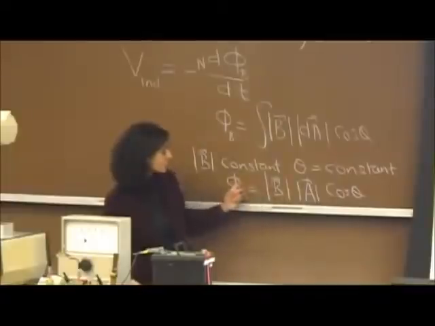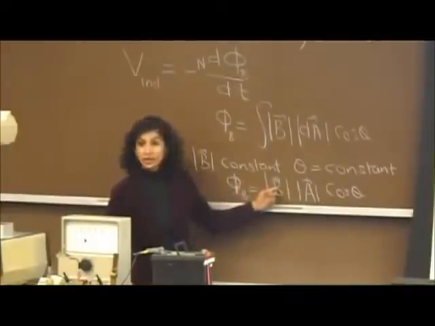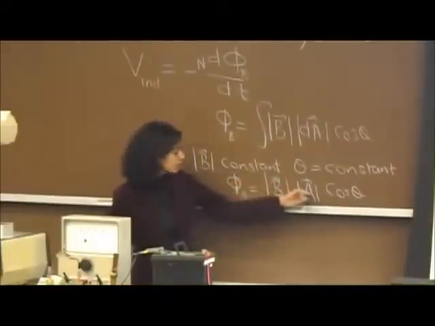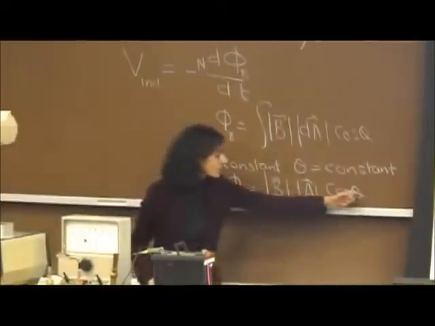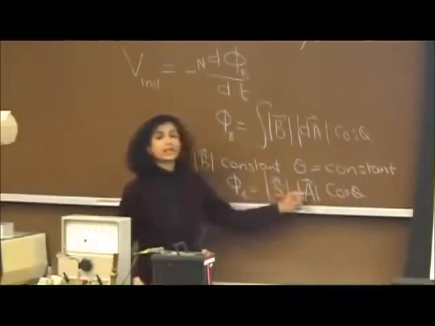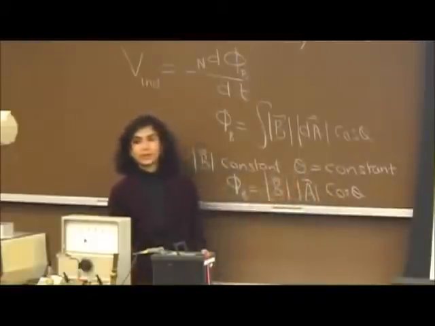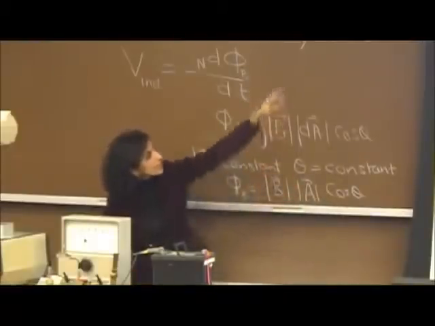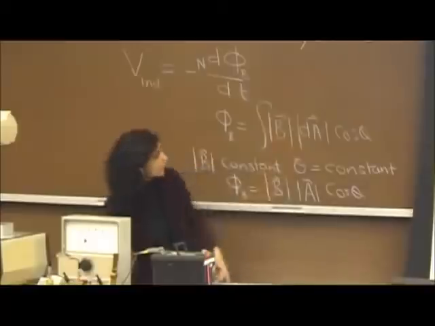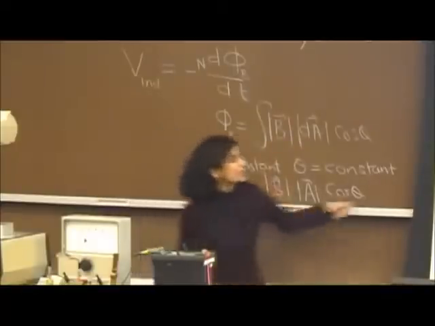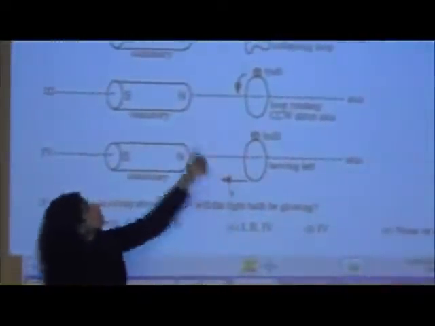So you can see that the flux depends upon 3 things. You can change the magnetic field to change the flux, you can change the area to change the flux, or you can change the angle between the magnetic field and the area vector to change the flux. In 2 of these cases the magnetic field is changing: in that first case, and in this case, because this thing is getting closer or that magnet is moving away.